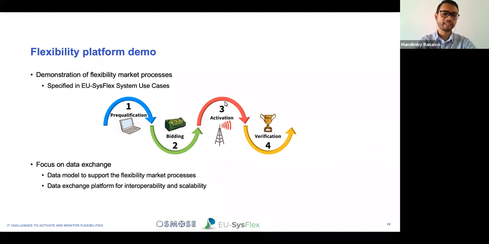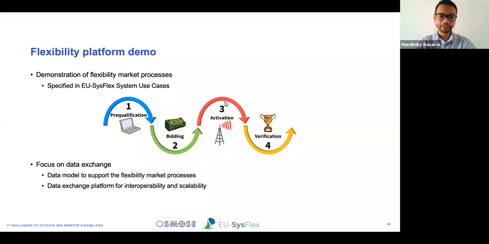In that aspect, we have considered two main aspects. The first one is the data model that is used for data exchange, the description of the business objects that represent the information exchange between the different stakeholders and the systems participating in all the flexibility market processes.